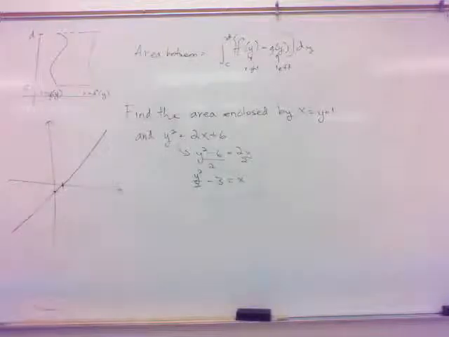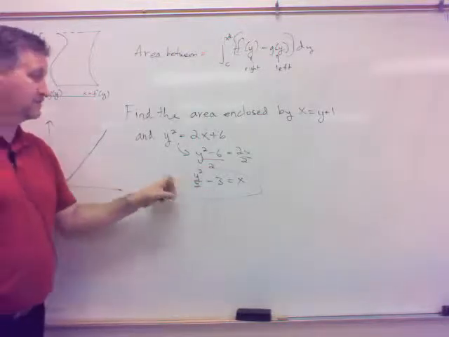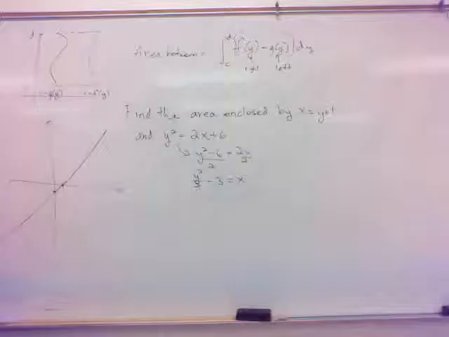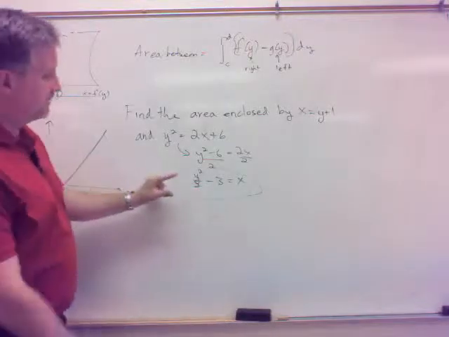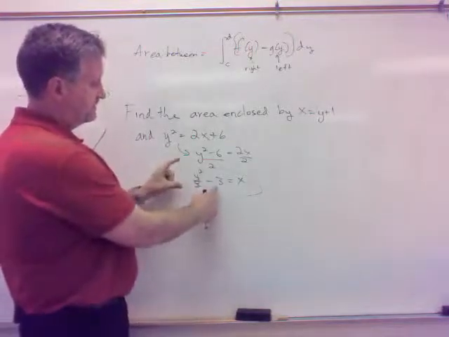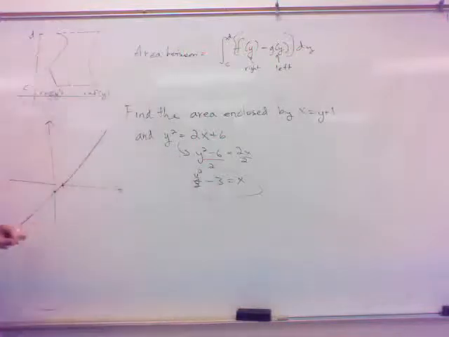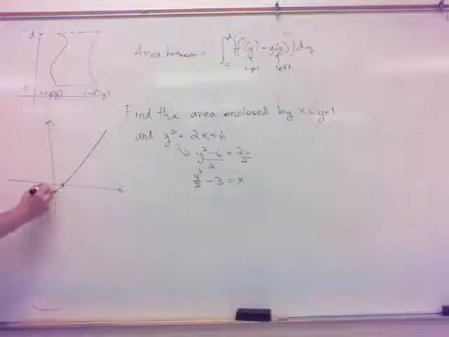What do you know about this? What shape is that? Parabola? Which way? Sideways parabola, yeah. X equals y squared over 2 minus 3. That's a sideways parabola. It's shifted minus 3, so it's shifted back 3. And it's a little bit wider, so something like this.